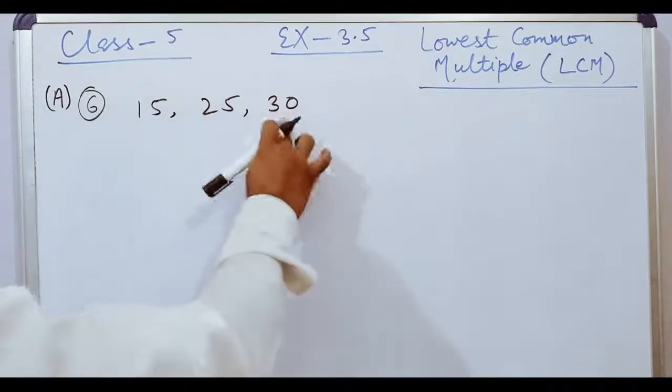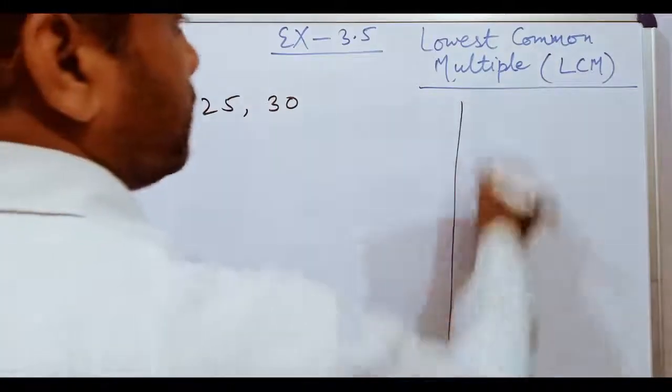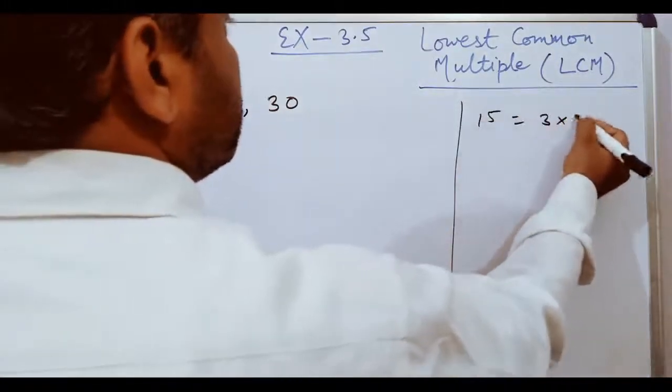Next, 15, 25, 30. 15 can be written as 3 into 5. 25 can be written as 5 into 5. And 30 is 2 into 15, and 15 can be written 3 into 5.